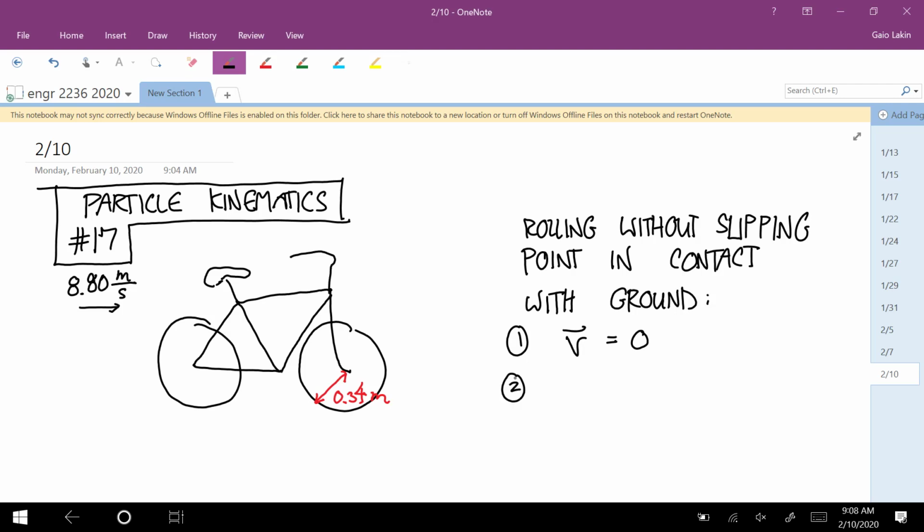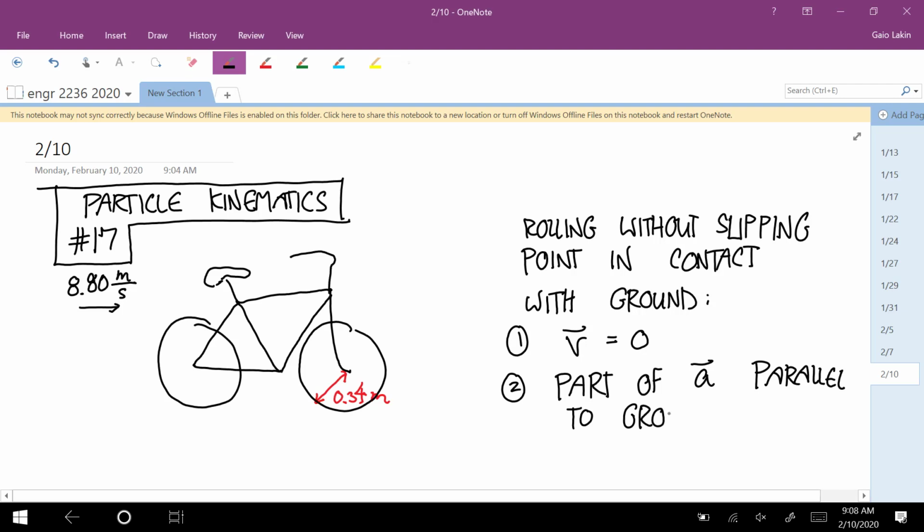And second, the part of the acceleration that's parallel to the ground is 0.